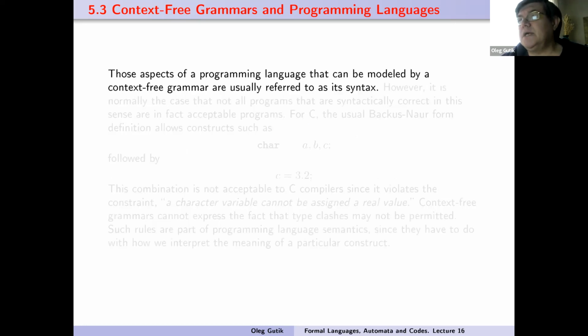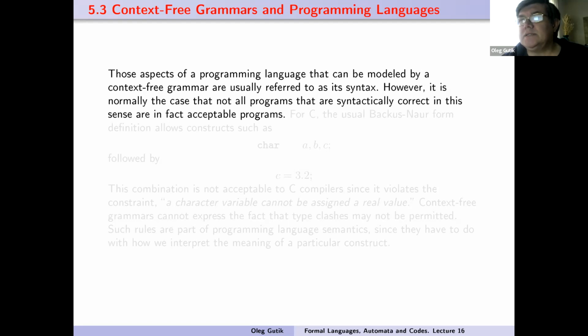Those aspects of programming languages that can be modeled by a context-free grammar are usually referred to as syntax. However, it is normally the case that not all programs that are syntactically correct in this sense are in fact executable programs.